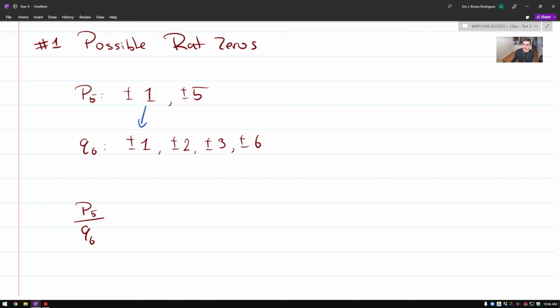So 1 over 1 is just plus minus 1. 5 over 1 is plus minus 5. Then we do 1 over 2, plus minus 1 half. 1 over 3, plus minus 1 third. 1 over 6, plus minus 1 over 6.